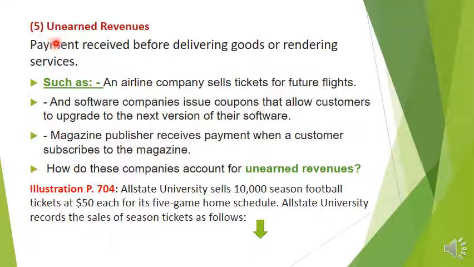The 5 kinds of current liabilities: unearned revenues. Payment received before delivering goods or rendering service, such as an airline company that sells tickets for future flights, and software companies that issue coupons that allow customers to upgrade to the next version of their software.